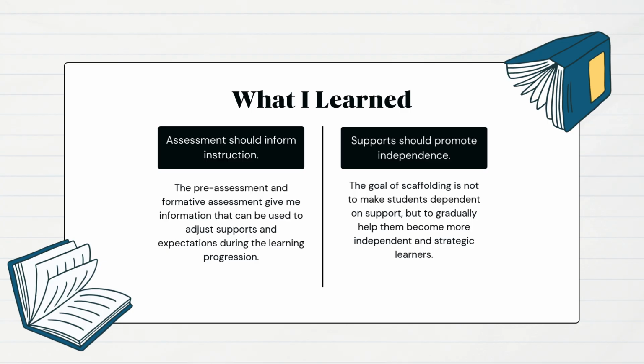So, like using that informative assessment in the second lesson to then determine how I was going to do the third lesson. And then support should promote independence. So, that's definitely something I know I need to work on in my teaching is that gradual release so the students take more ownership in their learning and expressing it instead of being very dependent on me.